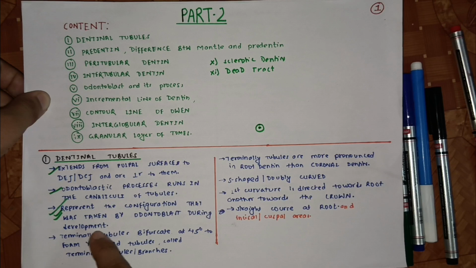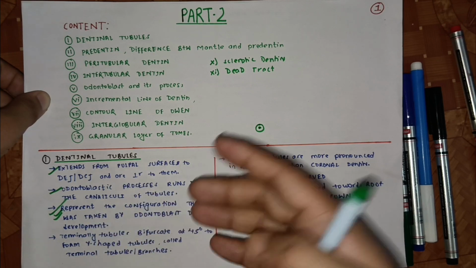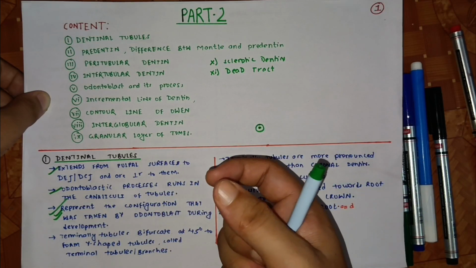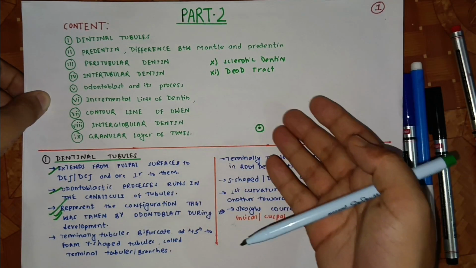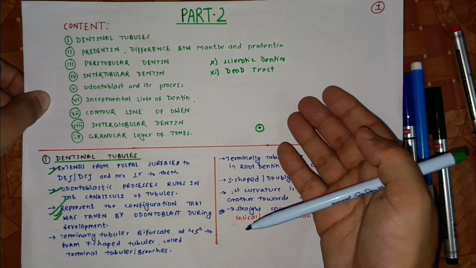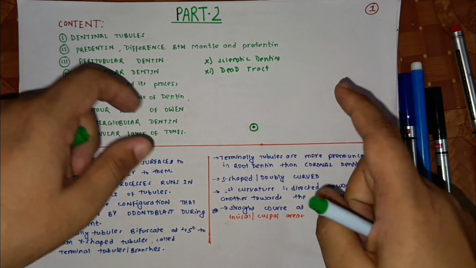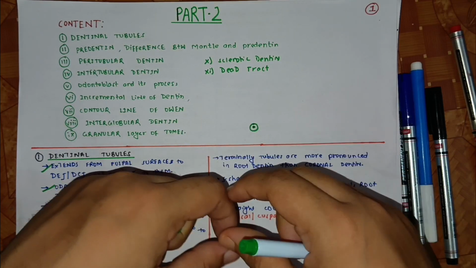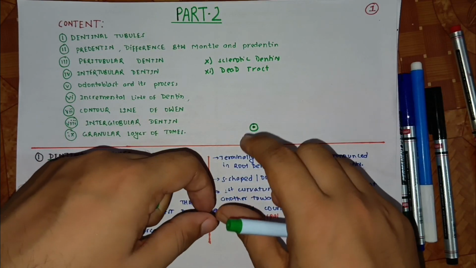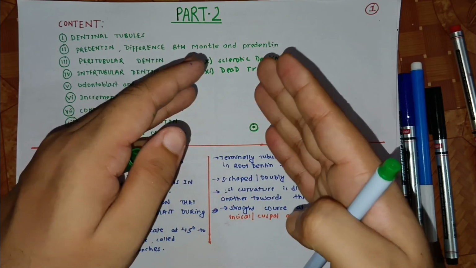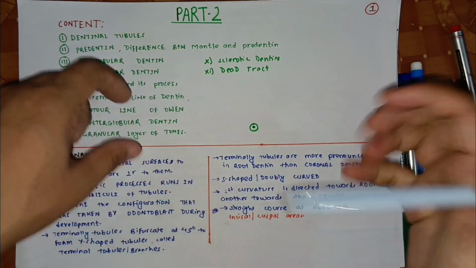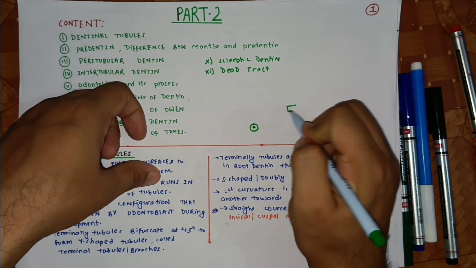So what I have written here is that it represents the configuration taken by the odontoblast during development. I will discuss this in odontogenesis. During development, when both the ameloblast and the odontoblast develop, at first they are close to each other, but after the deposition of the matrix and mineralization, the odontoblast goes towards the pulpal side and dentin is created.